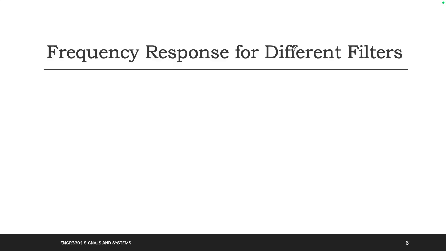Yeah, high pass filter, low pass filter. Actually, what does a high pass filter or low pass filter mean? Low pass filter, what does that mean? Can you speak up?